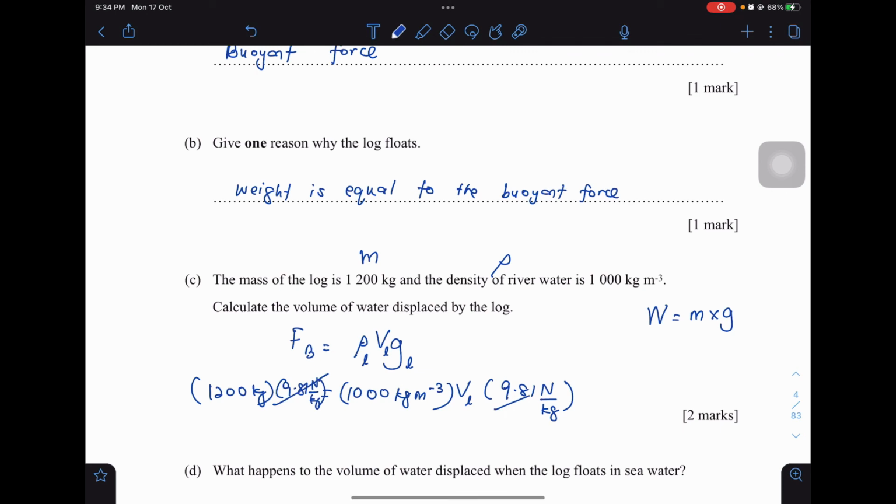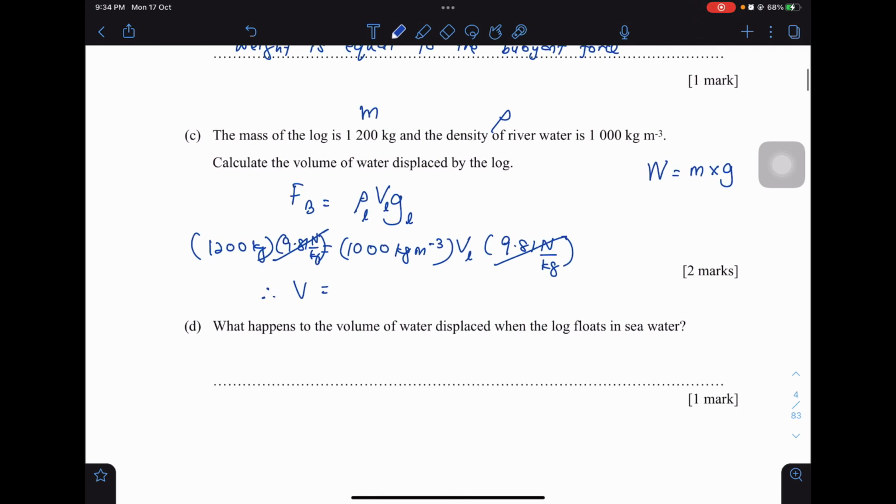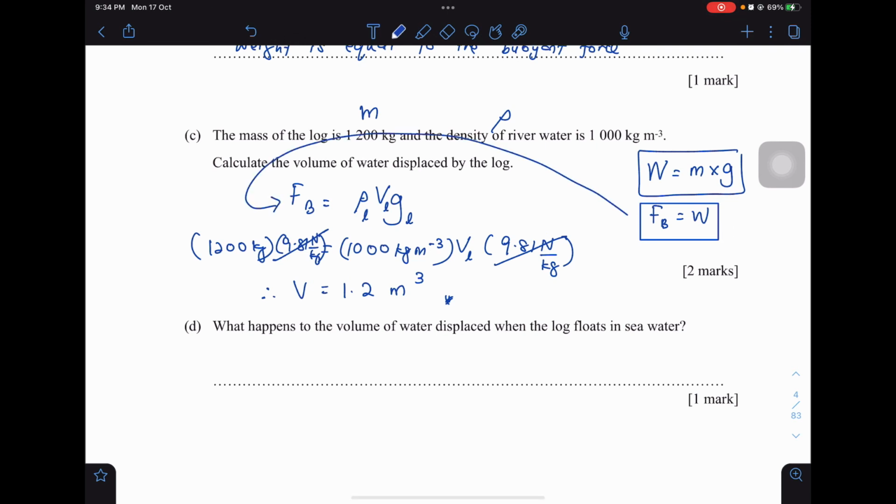The same terms cancel out. Therefore the volume equals, using your calculator, an answer in cubic meters. We know this, then we substitute using this formula.